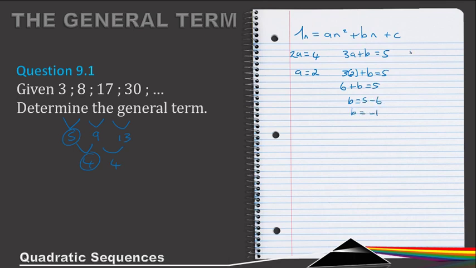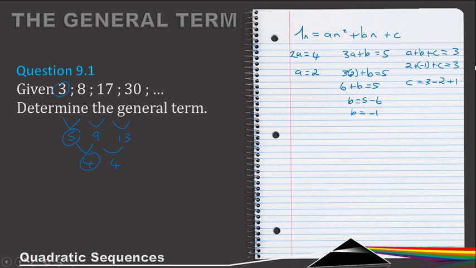And then finally a plus b plus c is equal to my first term, which is 3. Substitute in values for a and b, so that's 2 plus minus 1, plus c is equal to 3. So c is equal to 3 minus 2 plus 1.